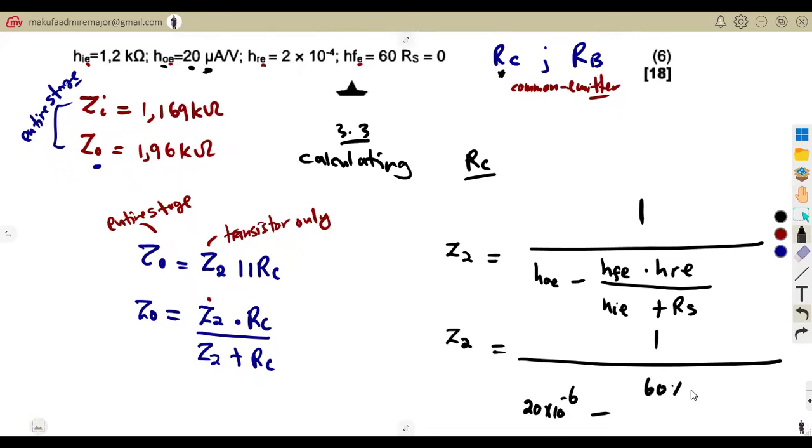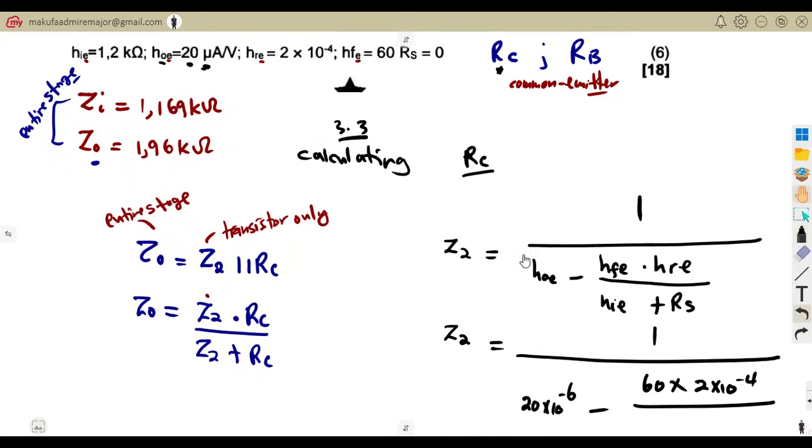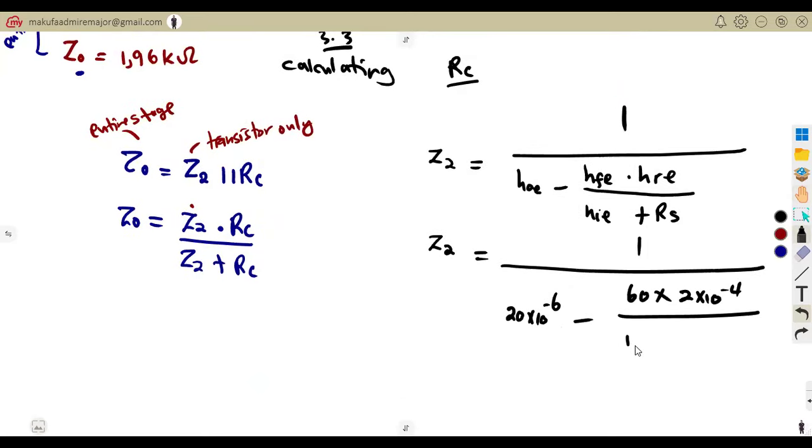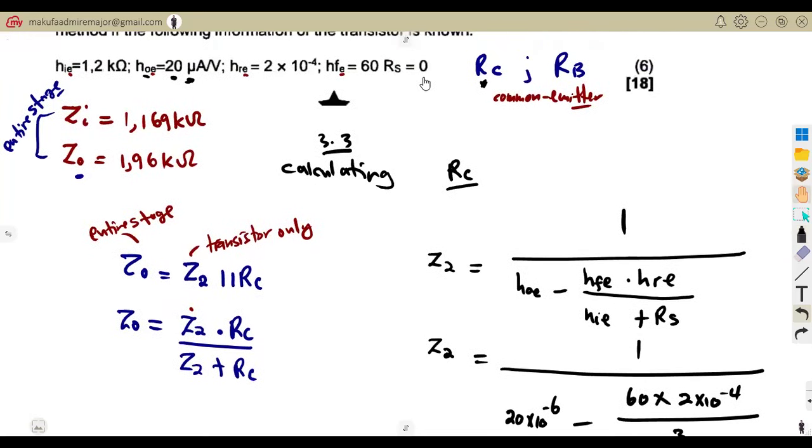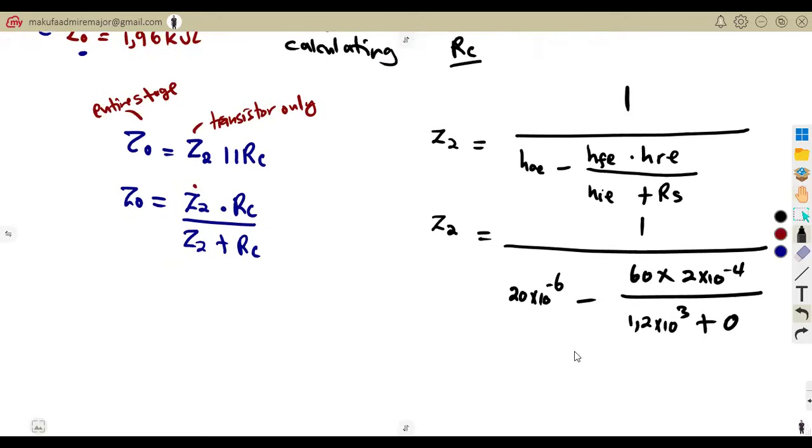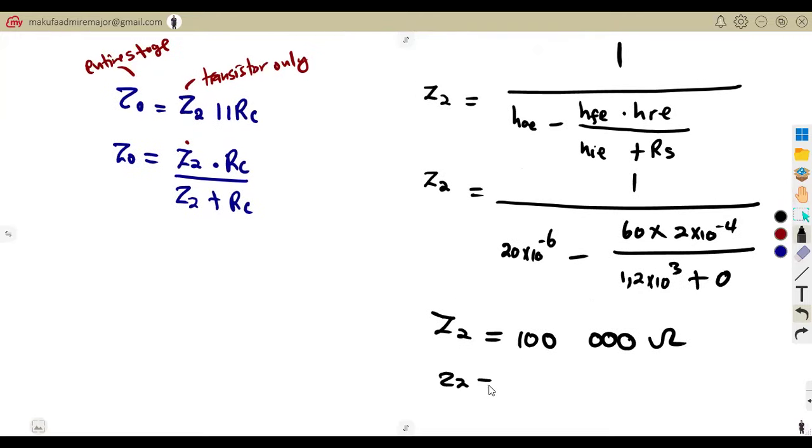So you're going to have 60 times your HR there, which is 2 times 10 to the exponent of -4, everything over our HI, which is 1.2 kilo ohm, that is 1.2 times 10 to the exponent of 3, plus our RS, where RS is taken to be 0. So they had to force you to calculate this Z2 of the transistor only, which was going to give you 100,000 ohms, which is actually the same as 100 kilo ohms. If you want to write it this way, you can write it as 100 kilo ohms.